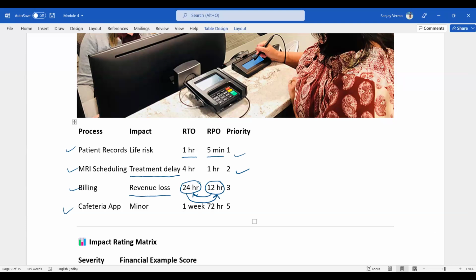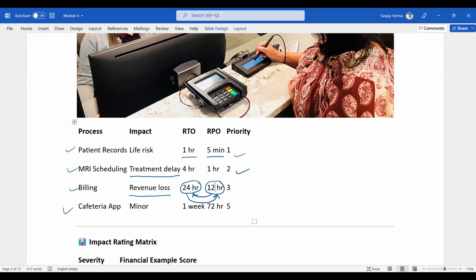Understand? Why this should be like that? Any idea? To prevent too much data loss to the company. Because beyond that time we cannot recover that data. So basically, downtime is still okay, but losing data is more critical. Okay.